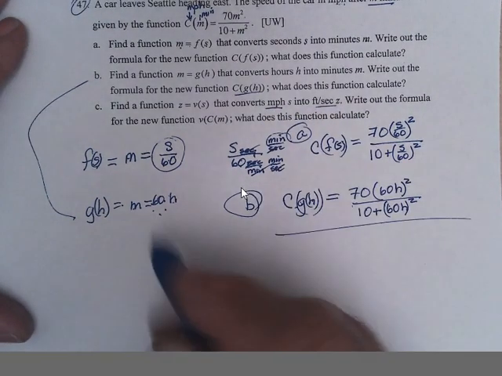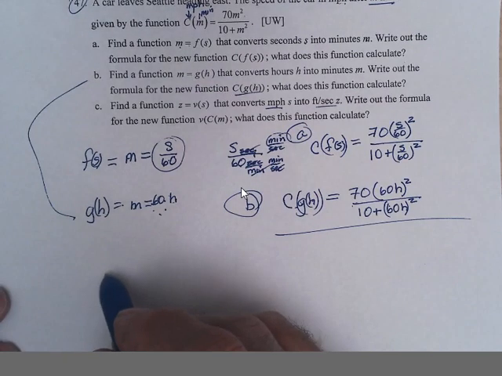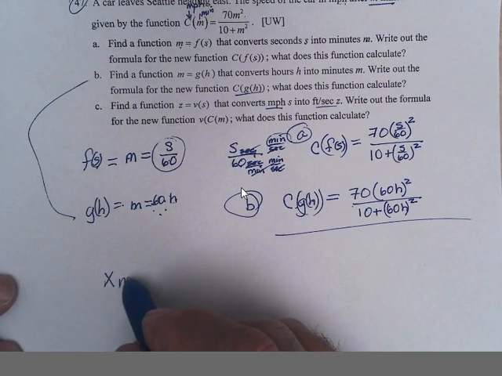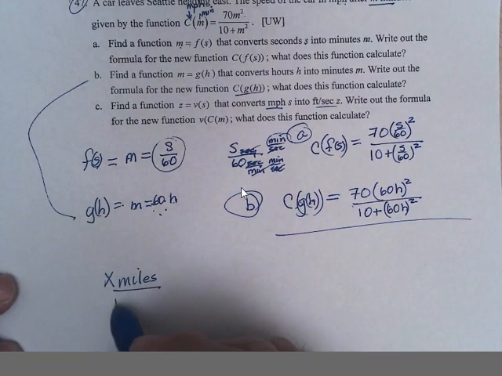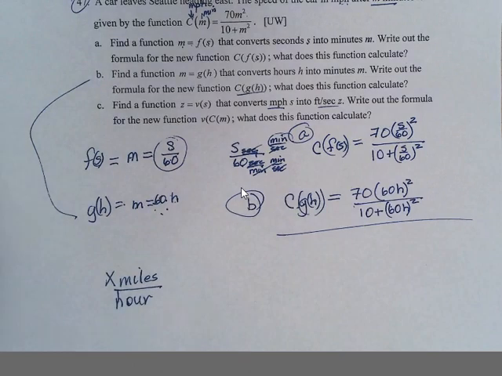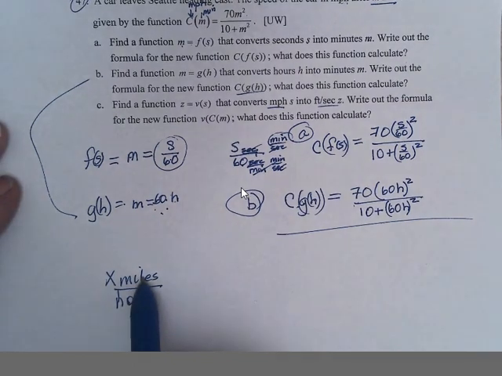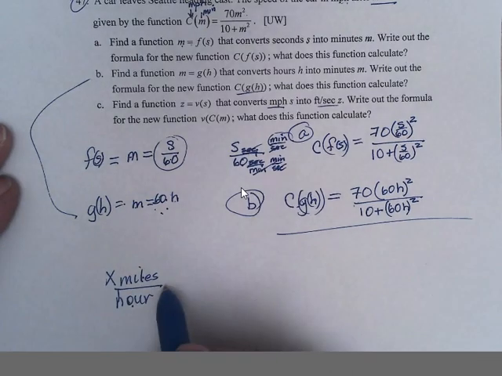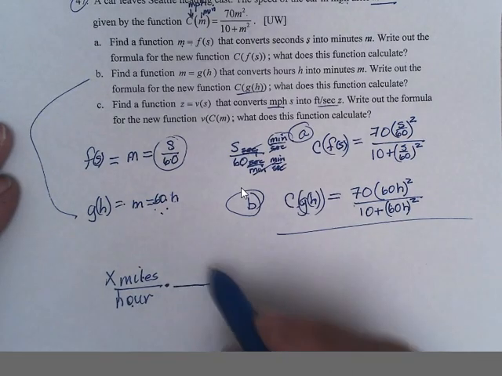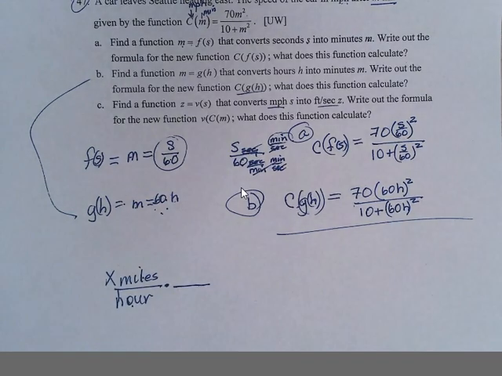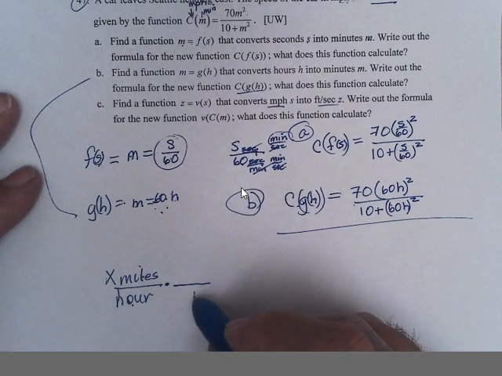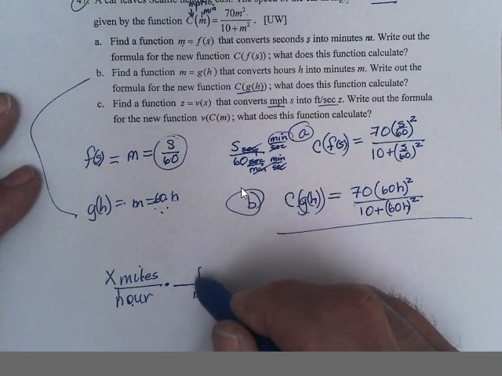So if I have going some X number of miles per hour, to convert it, I have to get the miles changed to feet and the hours changed to seconds. So I have to multiply by 1, so the numerator and denominator have to be equal. But I want miles to cancel, and I want to come up with feet.